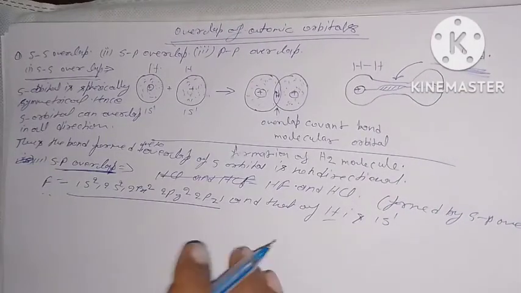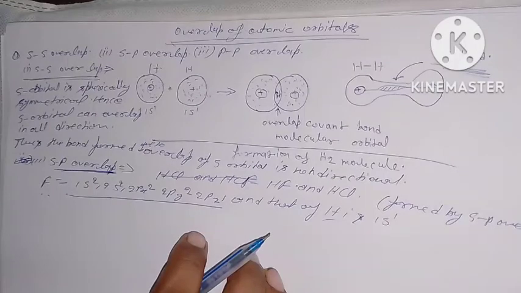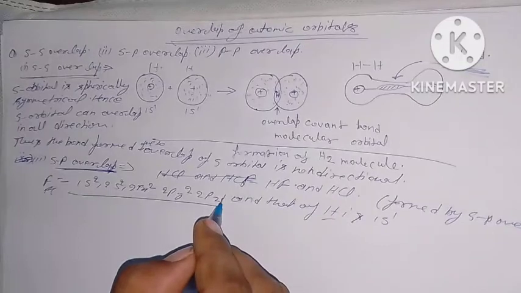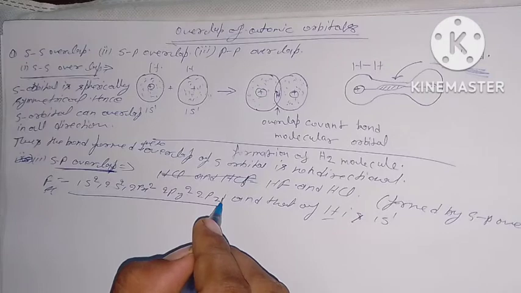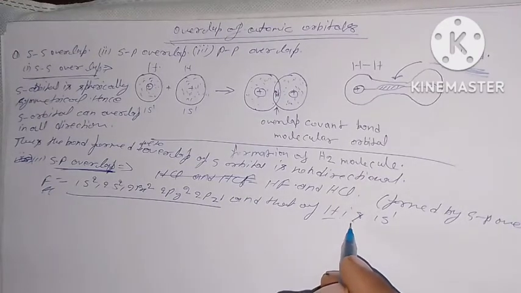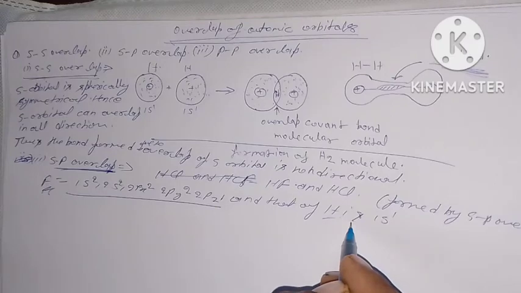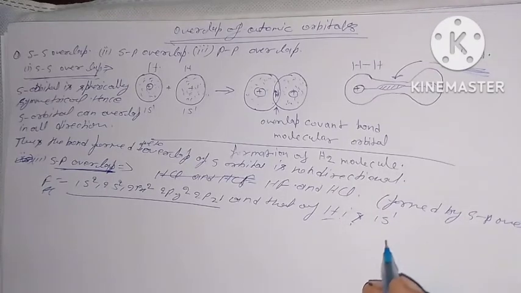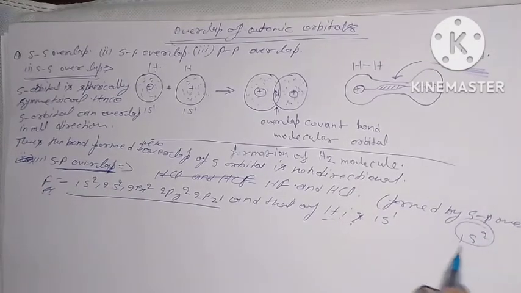Fluorine requires 1 electron for inert gas configuration like neon. Hydrogen also requires 1 electron for achieving a stable configuration like helium, 1s2.